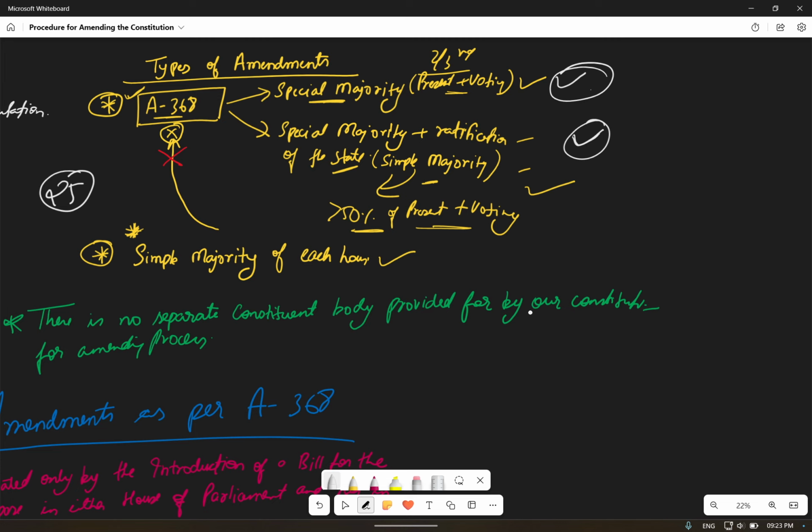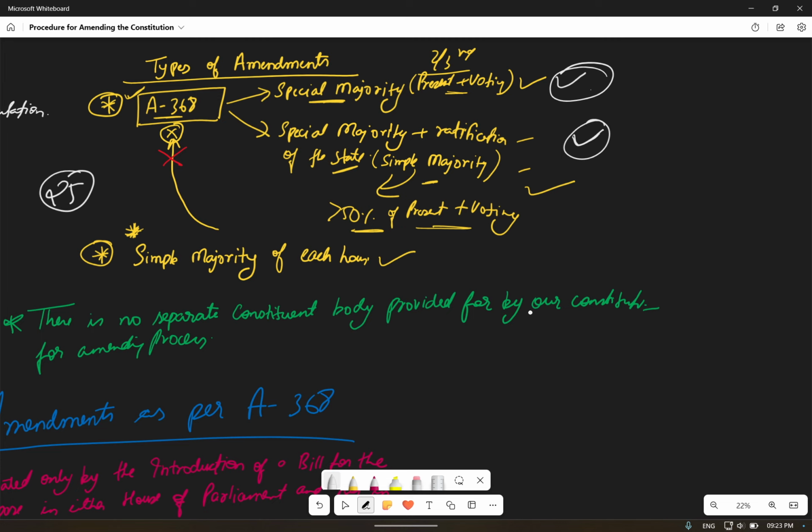See, there are scenarios like formation of states, or name changes, or boundary changes of a state. We have seen those kinds of things in the articles at the start. And we have to add them in the schedules also. Adding the names in the schedules also leads to a change within the constitution.